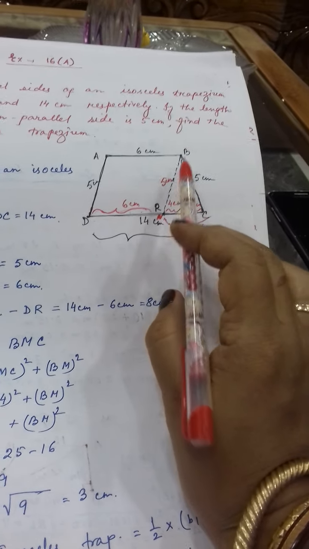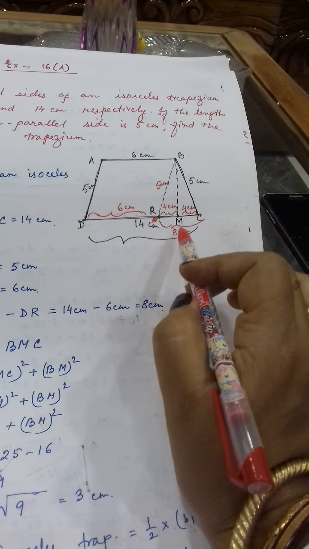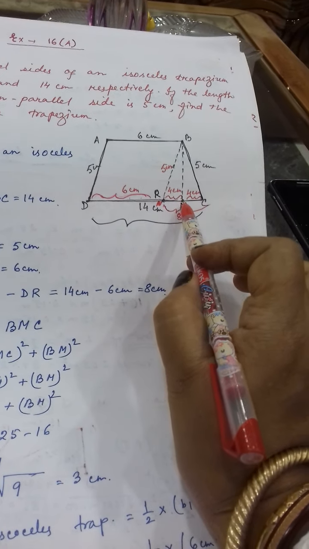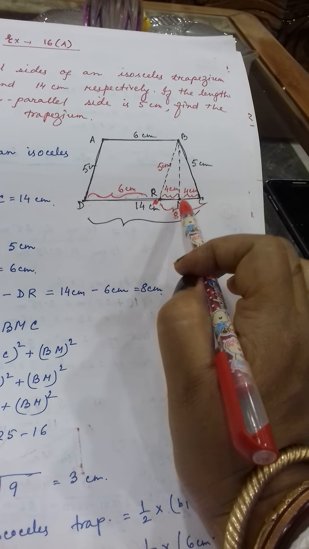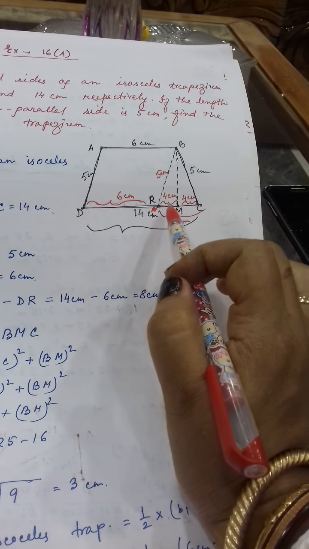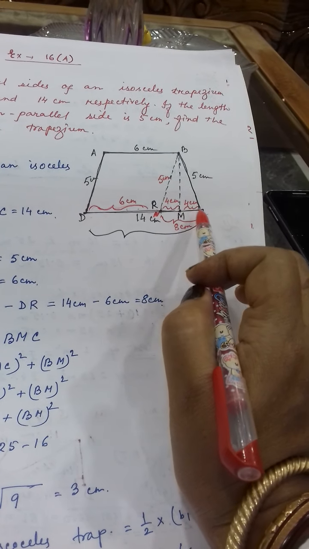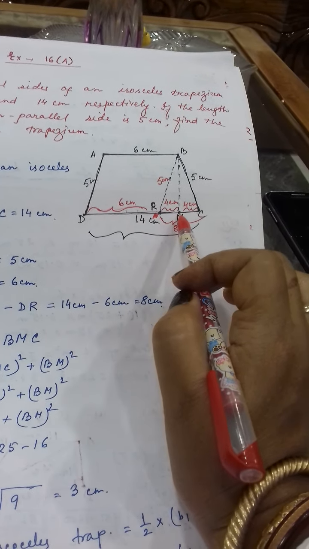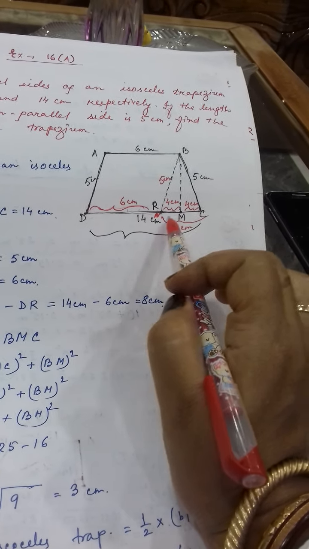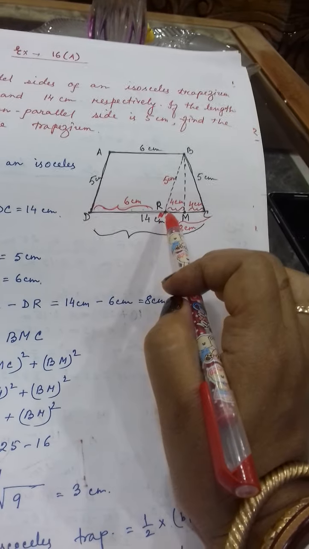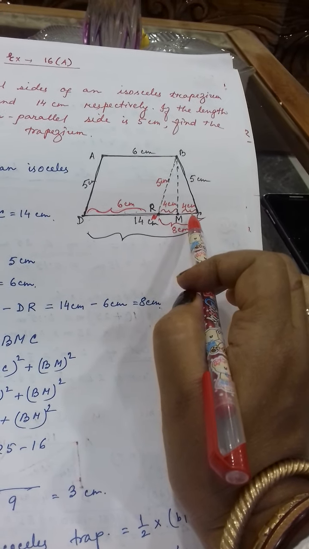Understood? So as it is an isosceles triangle, if RC is 8 centimeter and BM is the median, M is the midpoint, so RM is equal to MC. So this RC is 8 centimeter, then each part will be what? 4 centimeter and 4 centimeter.